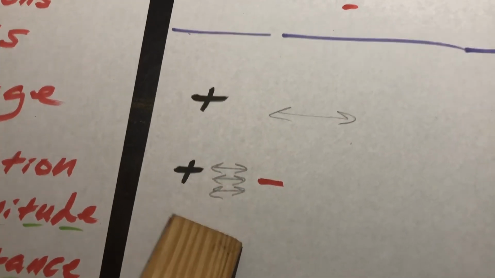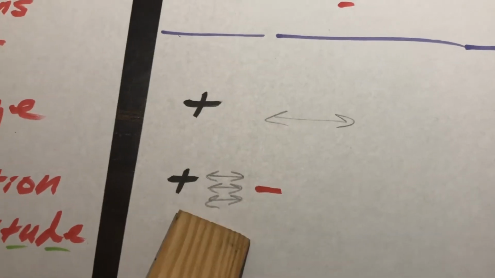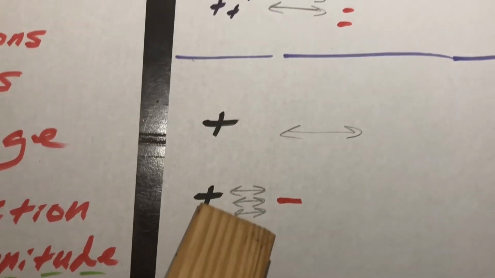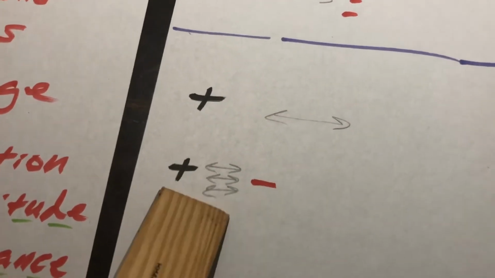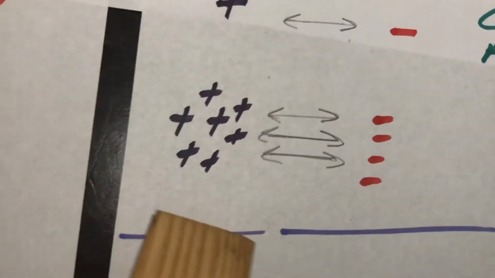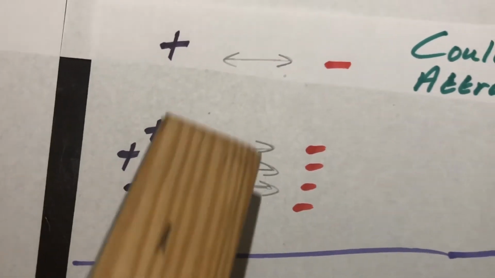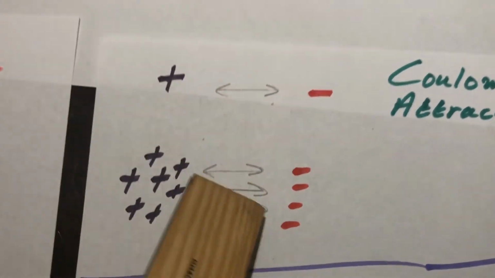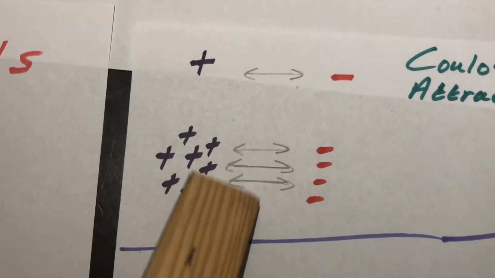Why? Because the distance is less. Okay, so once again, one proton, one electron, one proton, one electron. But this one has a stronger attraction because the distance is less, so the attraction is stronger. This situation right here, more charge, more positive, more negative, a stronger attraction because of the higher magnitude.